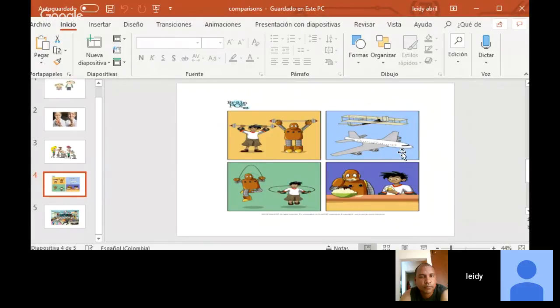For example, when you compare one person to the other one, Juan is taller than Maria. But in this part, I don't see that the airplane is taller than the other one. Okay. Continue.